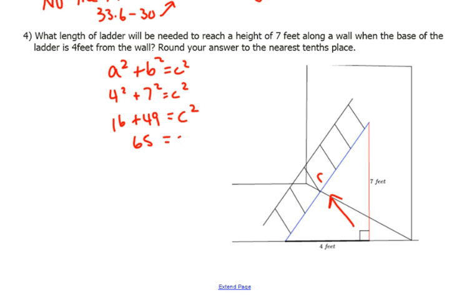That's 65. And we take the square root of both sides. This one's a little simpler. If I had to guess what that is, I would say it's like 8.1, but we'll double check. 8.1 feet. So my ladder would have to be at least 8.1 feet to reach that spot.